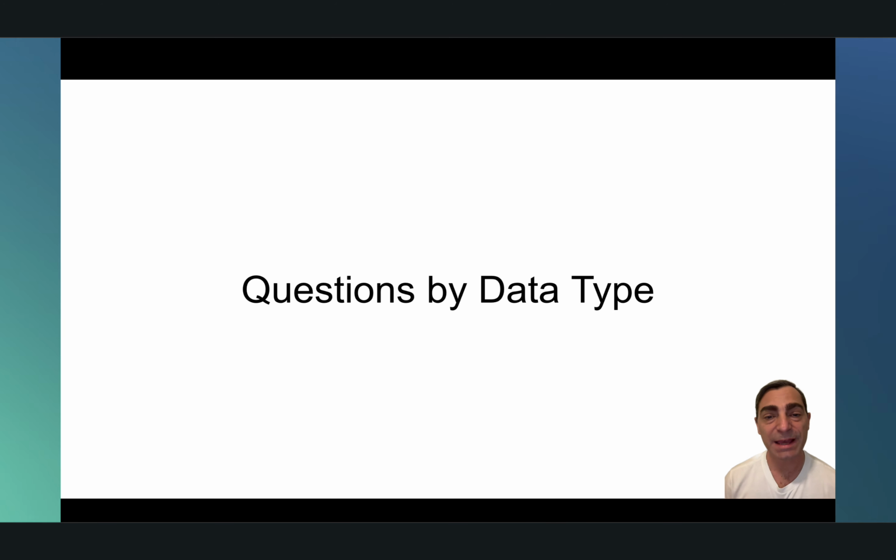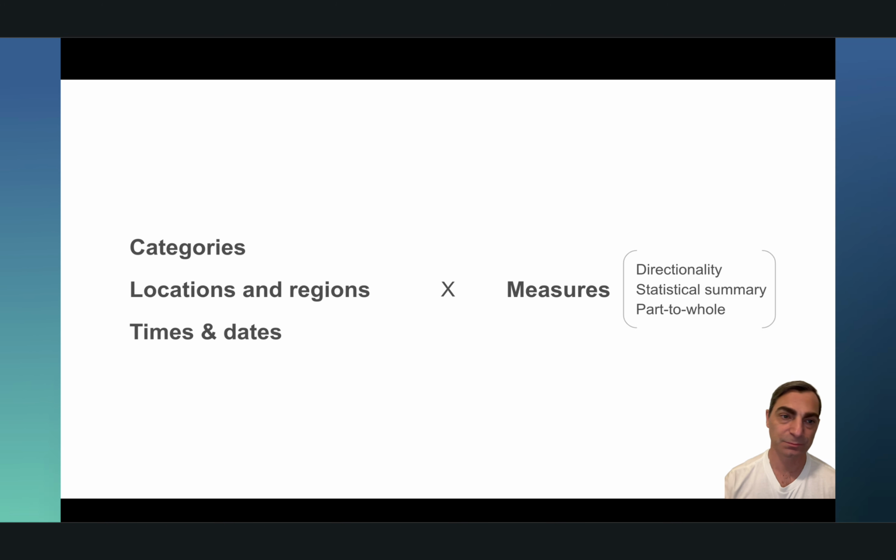Now I want to go back to the original question, which was, what is the relationship between data types and questions? In fact, the whole reason why I introduced the concept of data characterization here is because I wanted to present to you this idea that different combinations of data types can help answer different types of data questions.